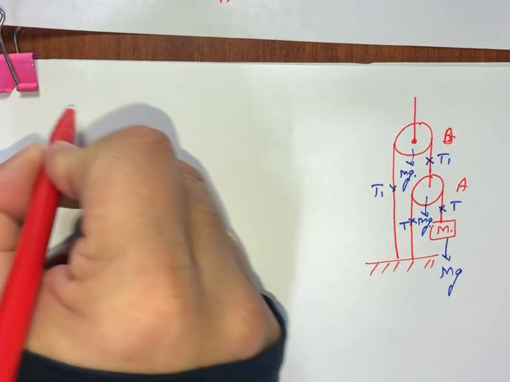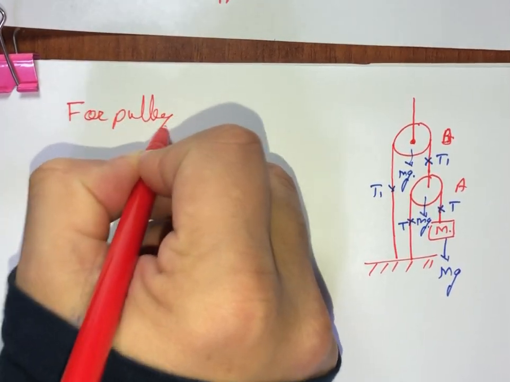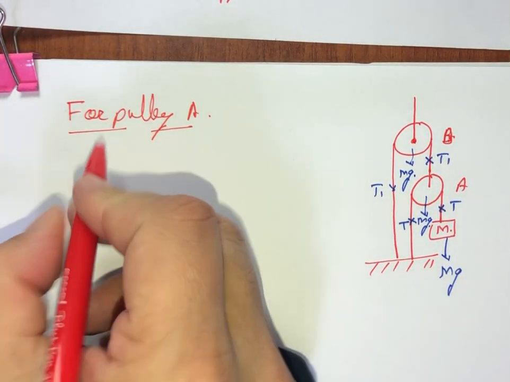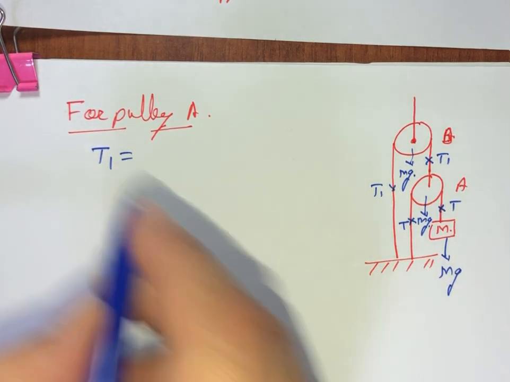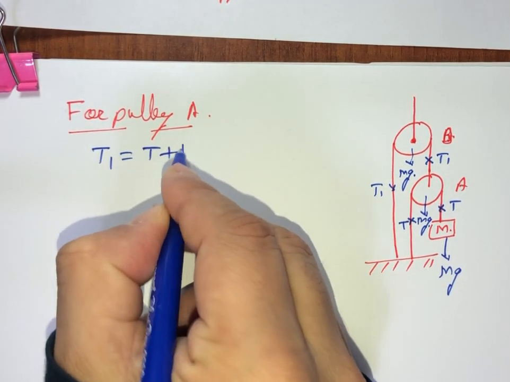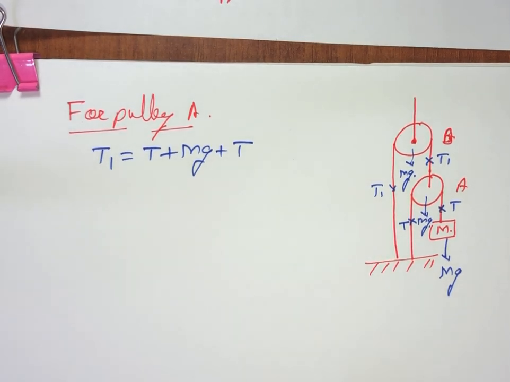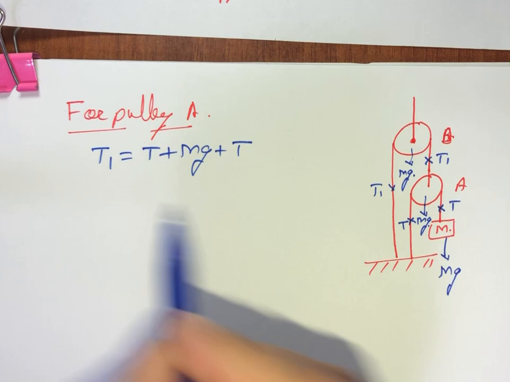So we can say for pulley A, T1 will be equal to T plus Mg plus T, because there are two downward forces and T1 is acting upward.